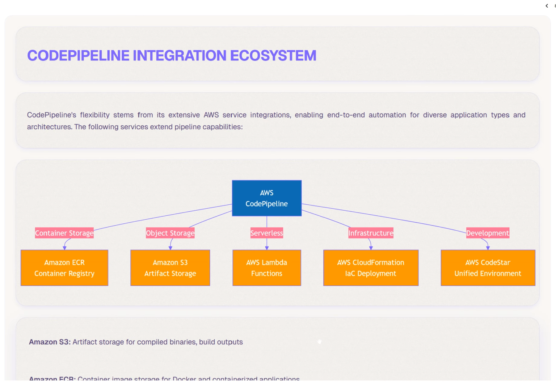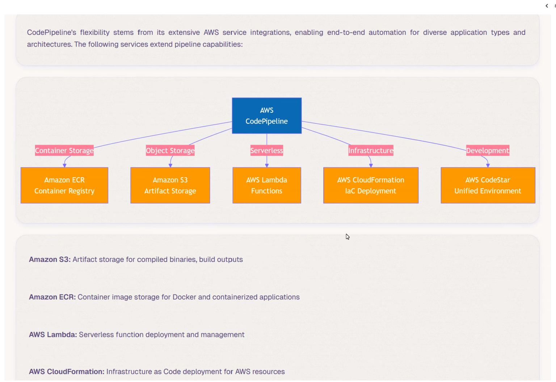So, the CodePipeline integrations ecosystem. CodePipeline's flexibility stems from extensive AWS service integration, enabling end-to-end automation for diverse application types and architectures. Services extend pipeline capabilities. The pipeline is the process of code, let's say A to Z, and it can be integrated in a way with these other services.